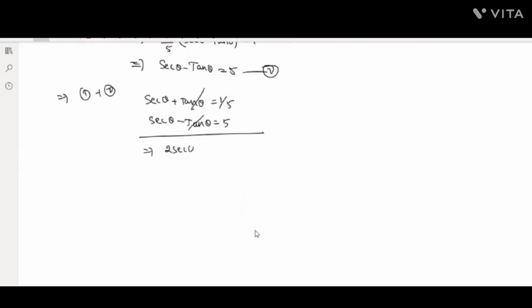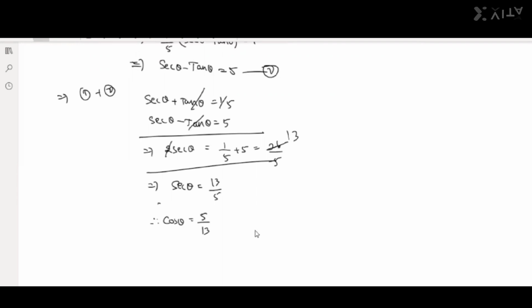So 2 secant theta is equal to 1 by 5 plus 5, which is 26 by 5. 2 ones are 2, 2 13s are 26. So we will get secant theta as 13 by 5. So from here, I'll get the cos theta value as 5 by 13.